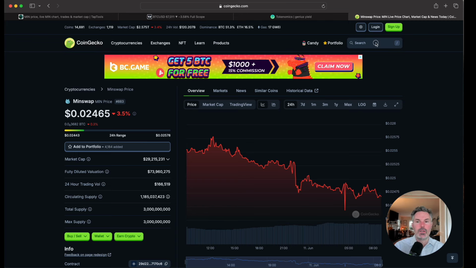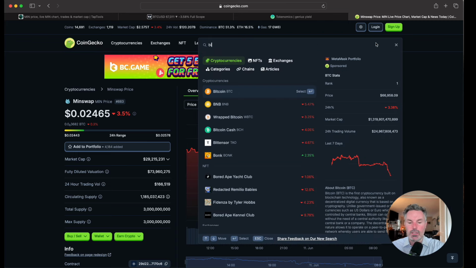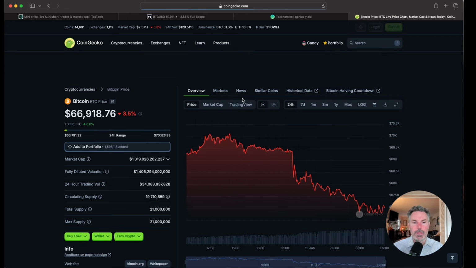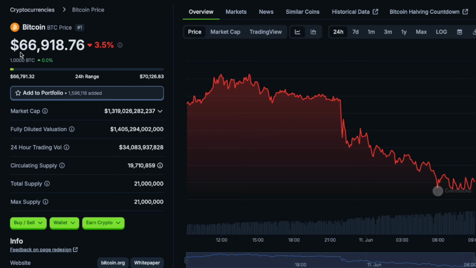And then if you're looking at investing in projects like Bitcoin, for instance, everybody's so focused on Bitcoin. For Bitcoin to double in price, it's going to have to gain another $1,319,026,282,237 to get to 130-something thousand a coin.